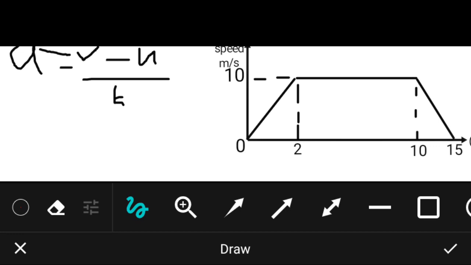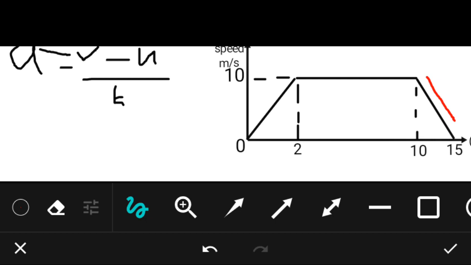So now when you look at this graph, we are looking for the retardation, which is the negative acceleration. So it means that the object here is retardating. This object started retardating from there.